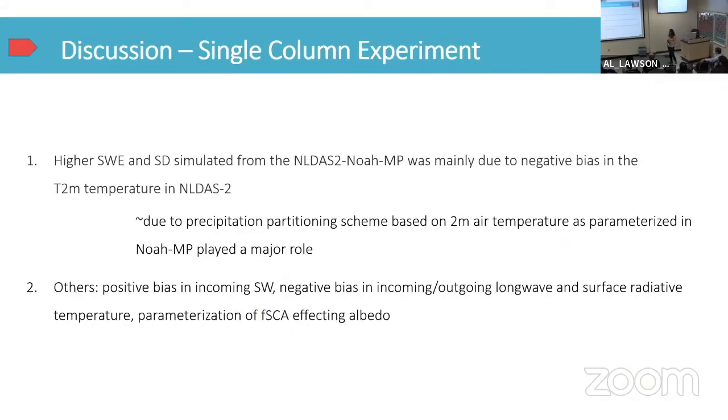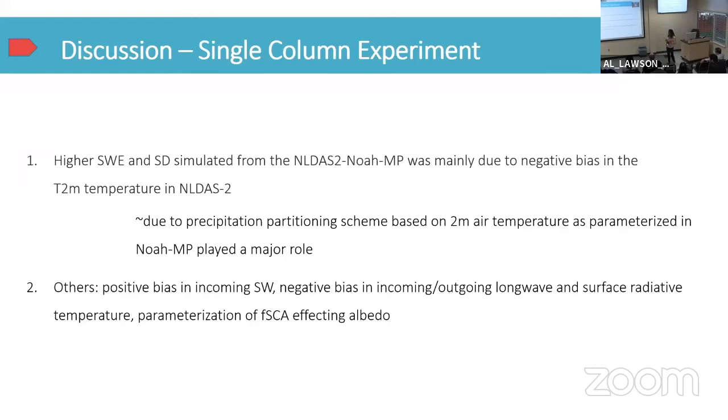So to wrap this up, the higher SWE and snow depth from the NLDAS2 force model was mainly due to the biases in the 2 meter air temperature in NLDAS2. This was because of the partitioning scheme that was parameterized in the model, which was based on the 2 meter air temperature.